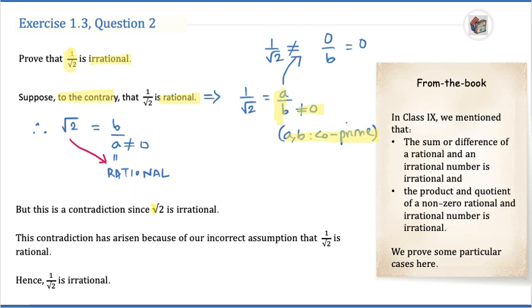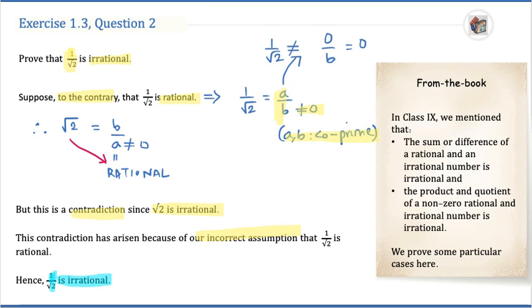You know that square root of 2 is irrational. So you have reached a contradiction. Now, why did you reach this contradiction? Because of your incorrect assumption that 1 over root 2 is rational. And so, if that was incorrect, then what is correct? The correct version is that 1 by root 2 is irrational.